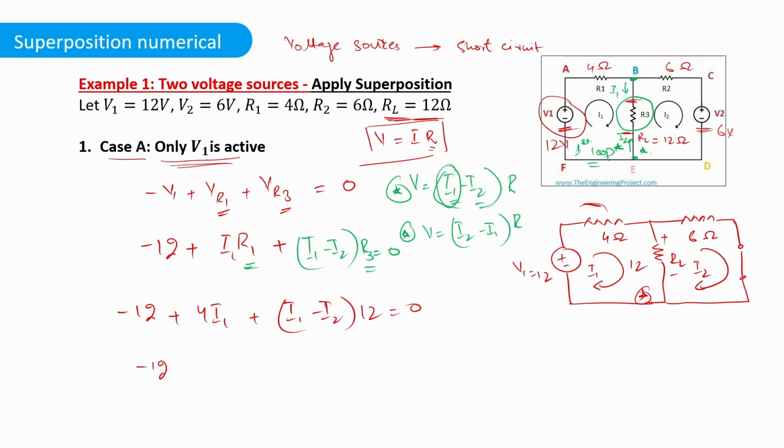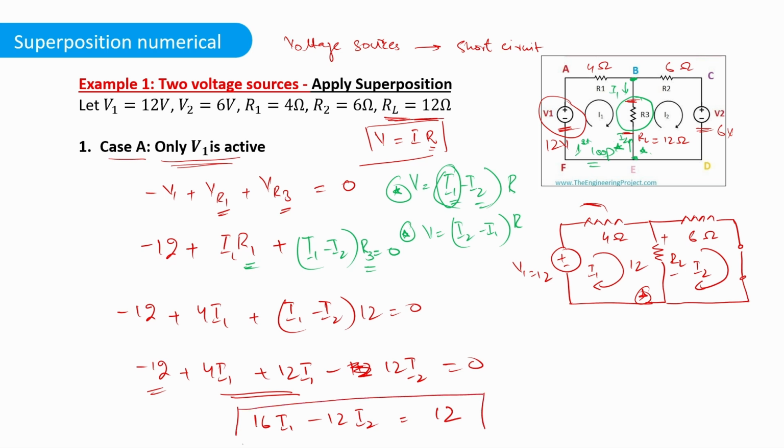So this becomes minus 12 plus 4I1 plus 12I1 minus 12I2 equal to 0. So now I have to simplify this. This becomes 16I1 minus 12I2 equal to, I will move this 12 to the right hand side. After moving 12 to the right hand side, this becomes my first equation, because I cannot solve it any further.